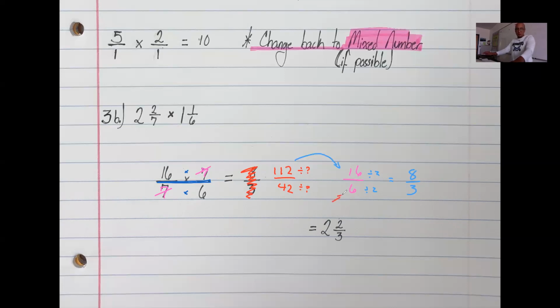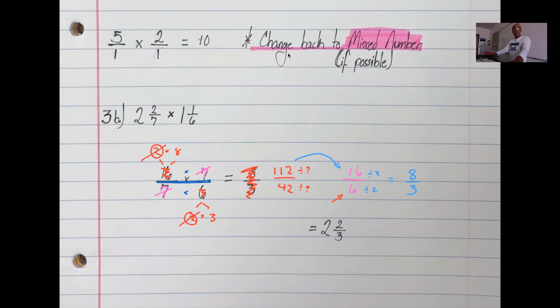You can still simplify over here. Now, had I gone all the way, well, 16 and 6 have 2 in common because 16 is the same thing as 2 times 8, is it not? And 6 is the same thing as 2 times 3. So really, ladies and gentlemen, I have a 2 in the numerator and a 2 in the denominator. I can cross those out.